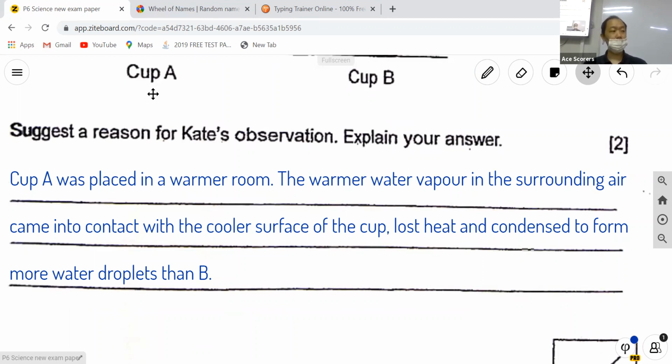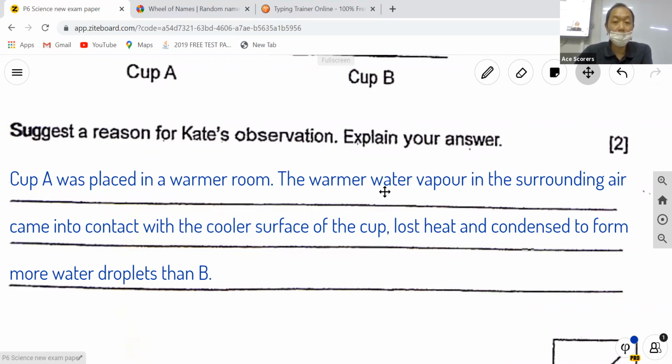Now we're then going to finish this. The warmer water vapor in the surrounding air came into contact with the cooler surface of the cup. So the reference is about the warmer water vapor.